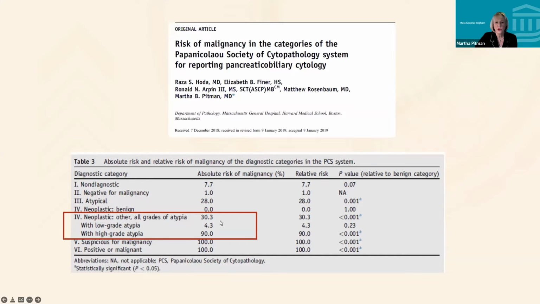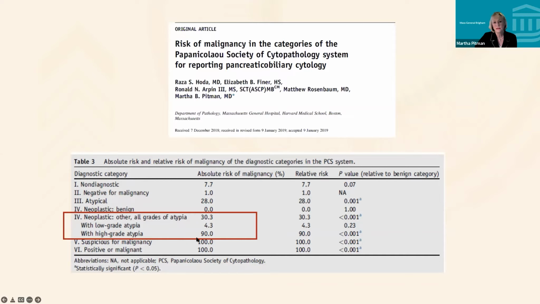So as you can see here, the overall risk of malignancy in the neoplastic other category was only 30%, but when you stratified those intraductal lesions between low-grade and high-grade atypia, which was the dominant lesions in this neoplastic other category, then you had a 90% risk of malignancy when you had high-grade epithelial atypia, which also included the cystic neuroendocrine tumors and solid pseudopapillary neoplasm.